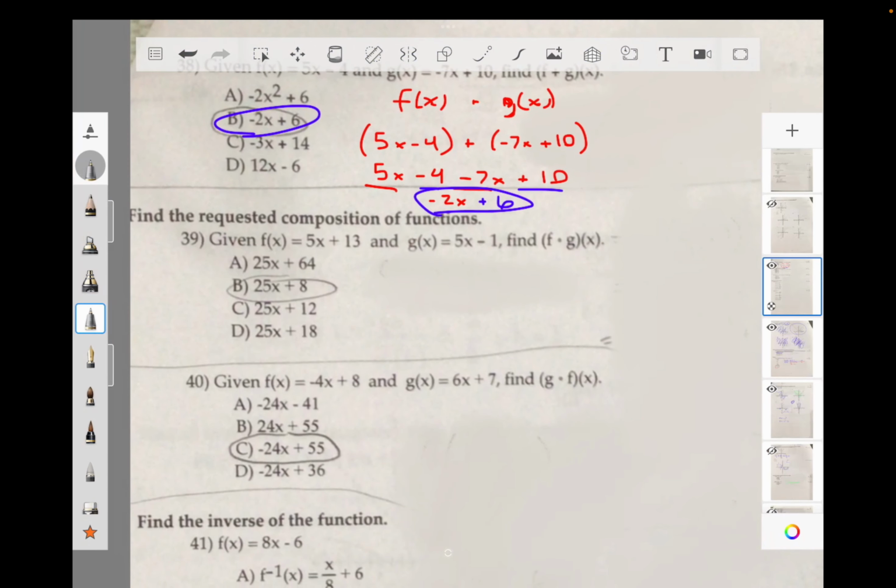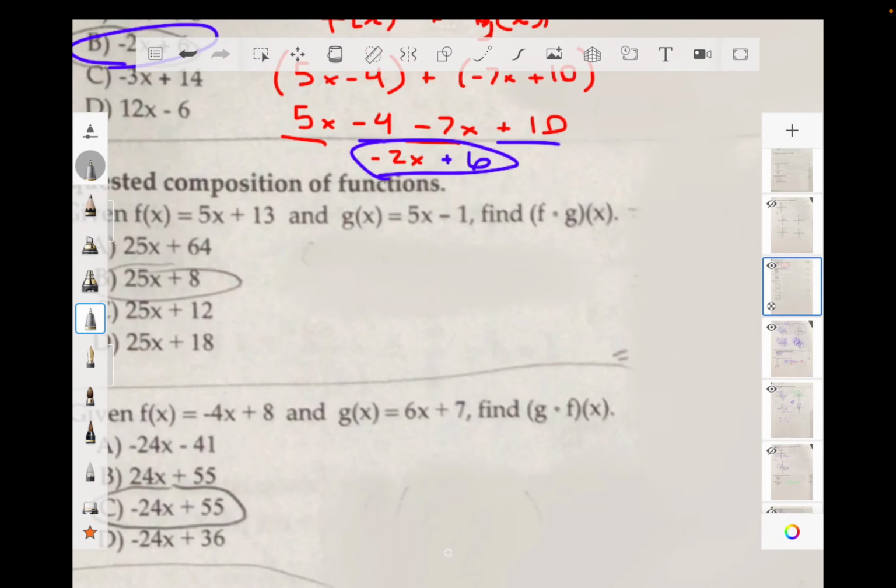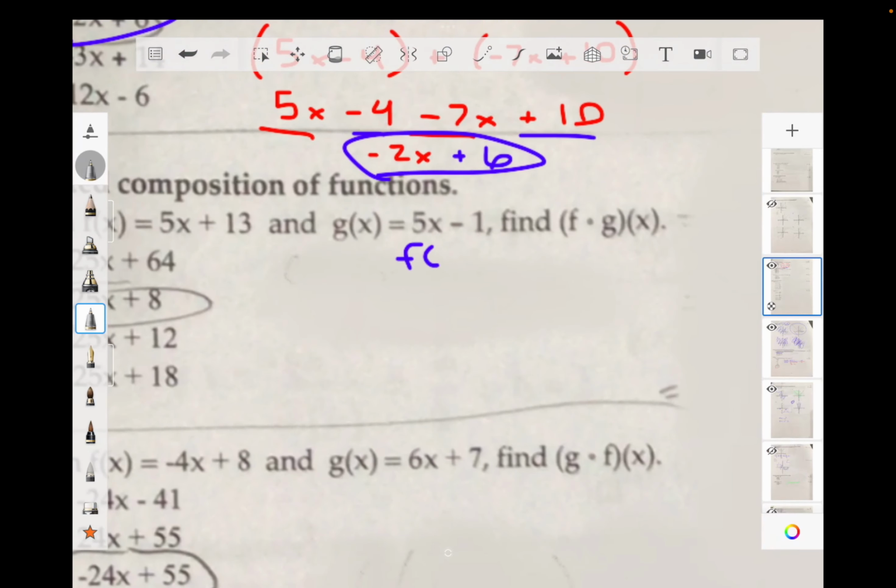Find the requested composition of functions given f of x is 5x plus 13, g of x is 5x minus 1. Do the multiplication. So this one's saying f of x times g of x.